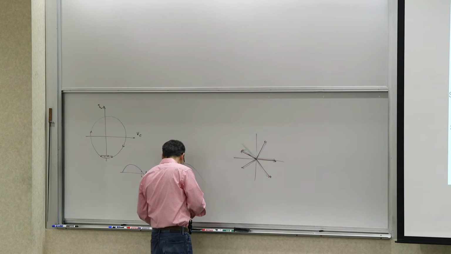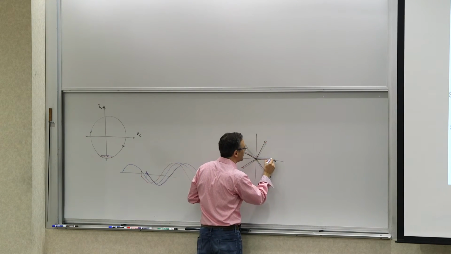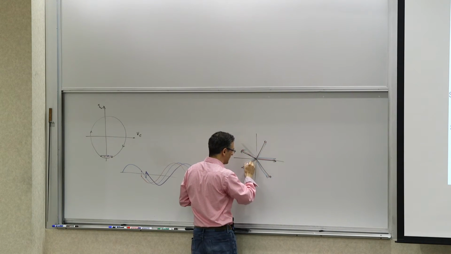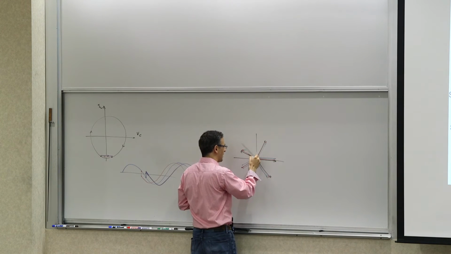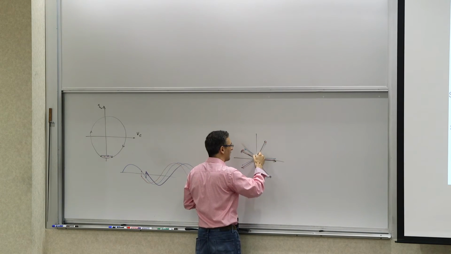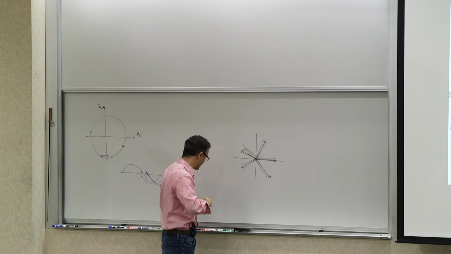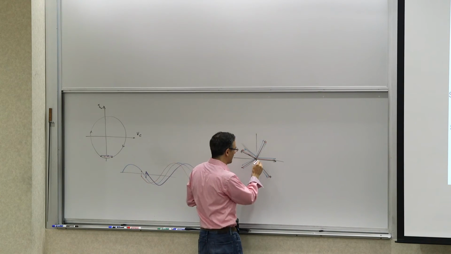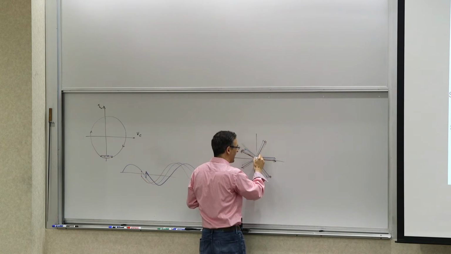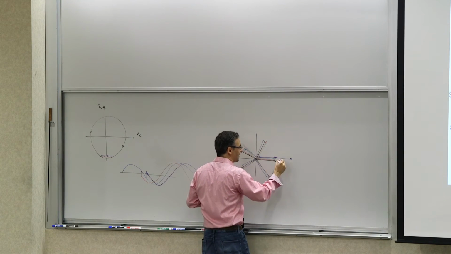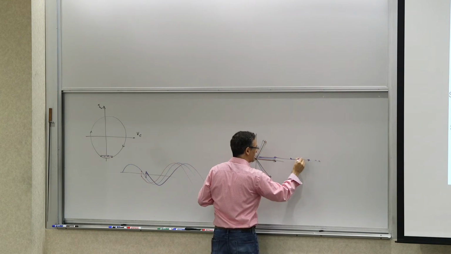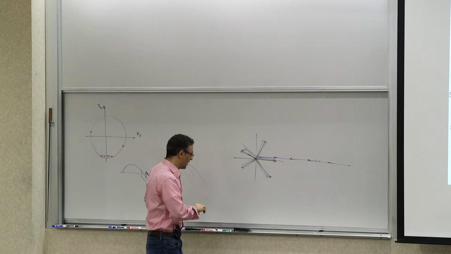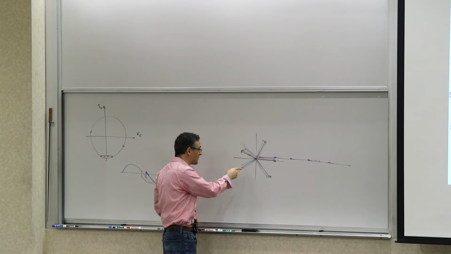Cancel. Fourth harmonic, first, second, third, fourth, fifth, right? Cancel. Now how about the fifth harmonic? Here, 5 back, here, 5 back, here, here, and here, right? So what happens, and also the same thing with DC.